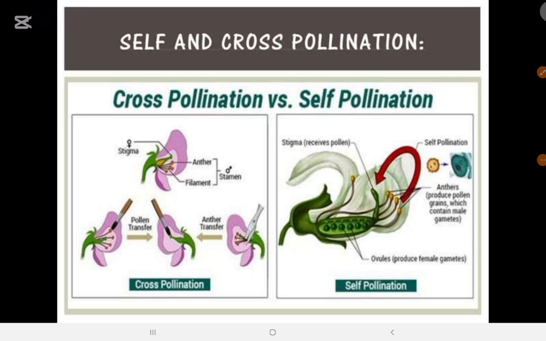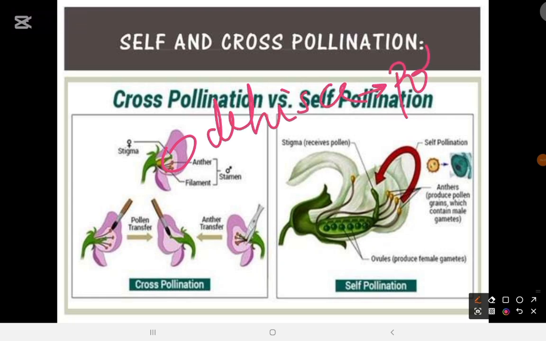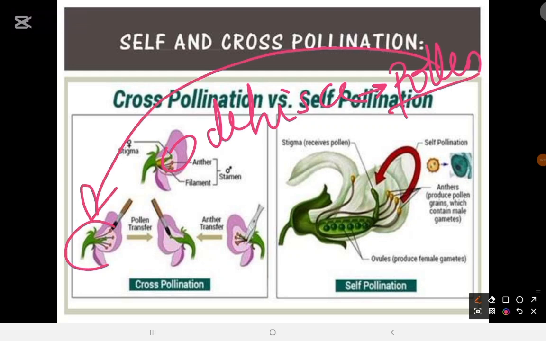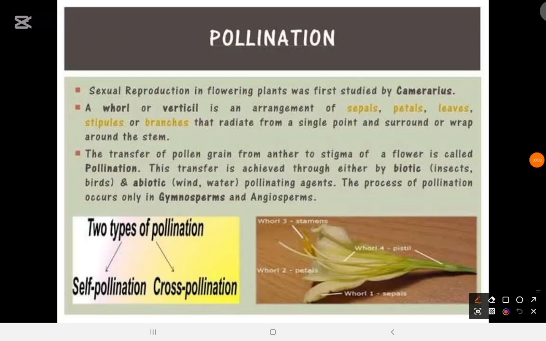The anther of one flower is going to dehisce, and by dehiscing it means it breaks open to release the pollen. On release, the pollen will make it to the stigma of another flower.